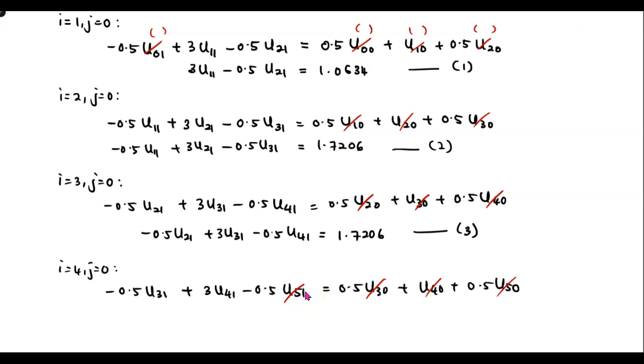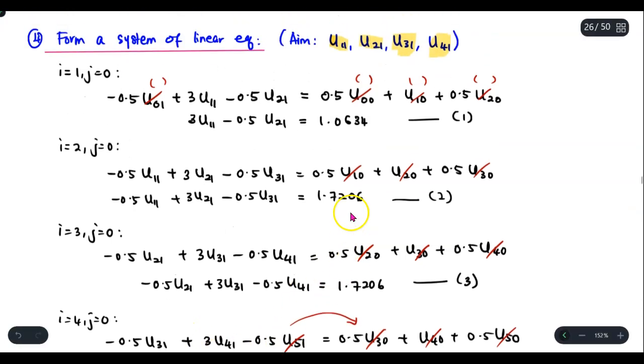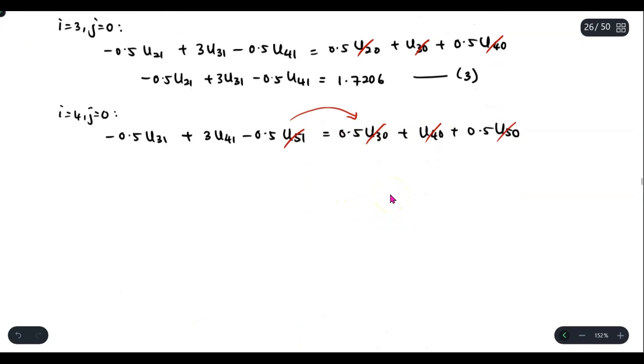So you put the value of u51 and bring it to the right hand side together with the remaining values, and simplify. Then here you have negative 0.5 u31 plus 3 times u41, and at the right hand side it should be 1.0634. So put this one as equation 4.